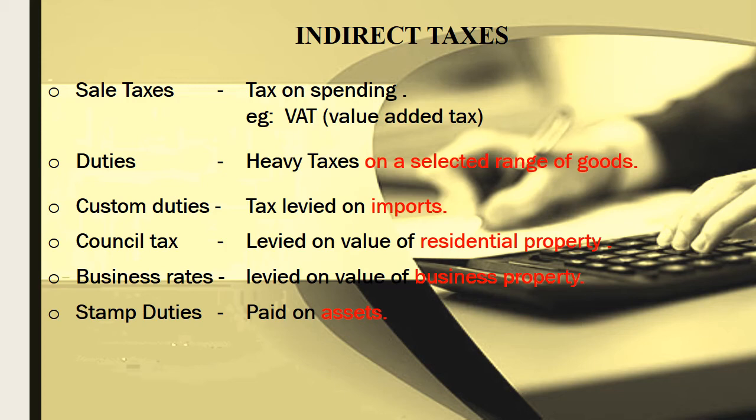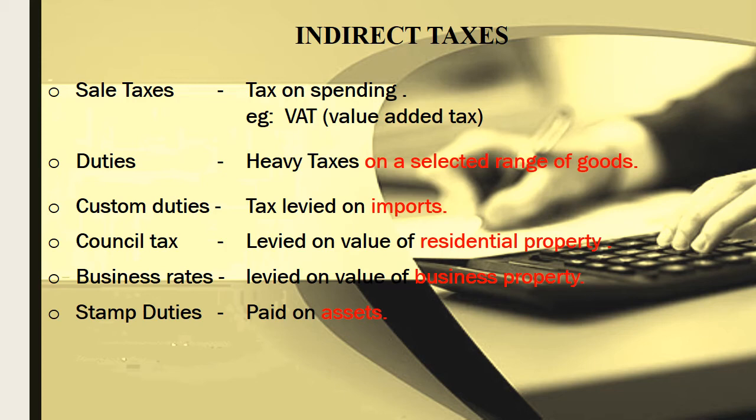Customs duties are taxes levied on imports. In the UK, goods coming in from a country that is not a member of the EU attract customs duties. Council tax is collected by local authorities to help pay for local services such as refuse collection.